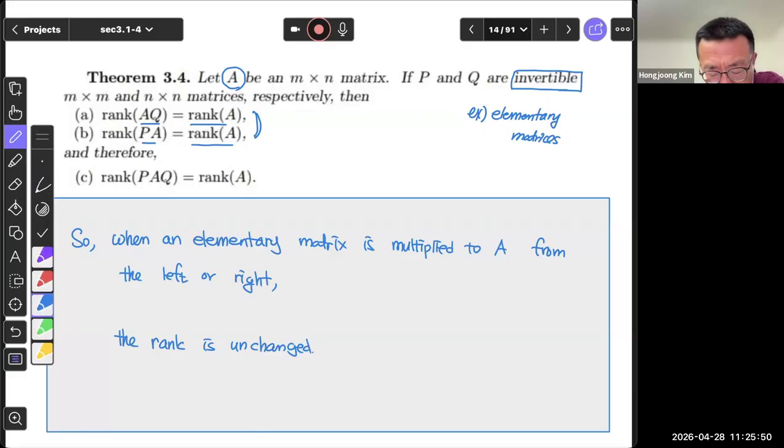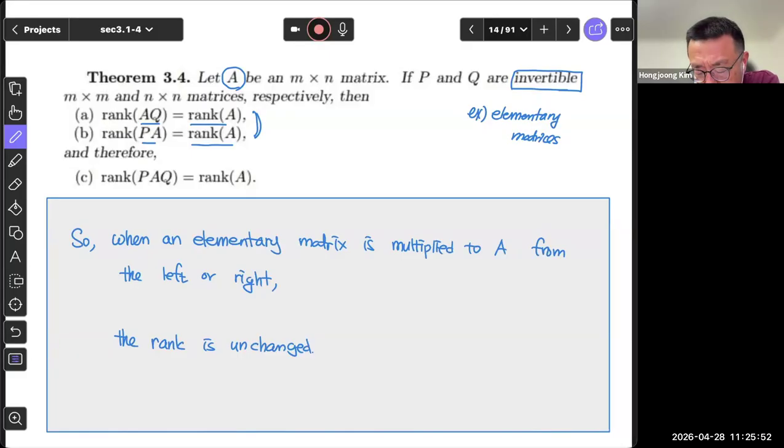Now, what does this imply? Some elementary matrix is multiplied to A from the left.